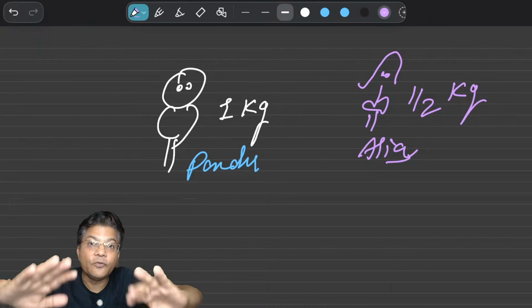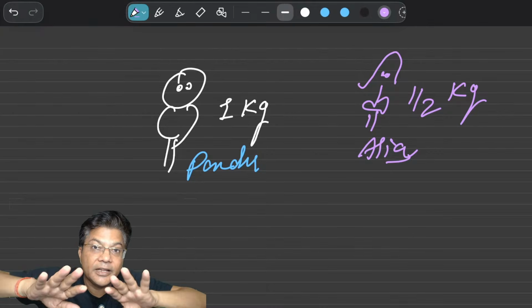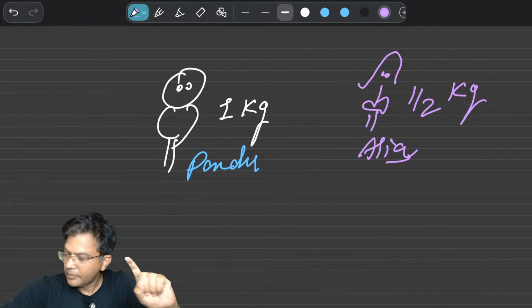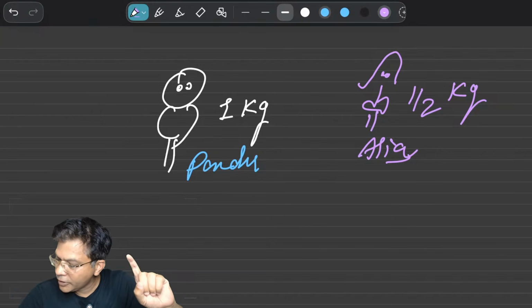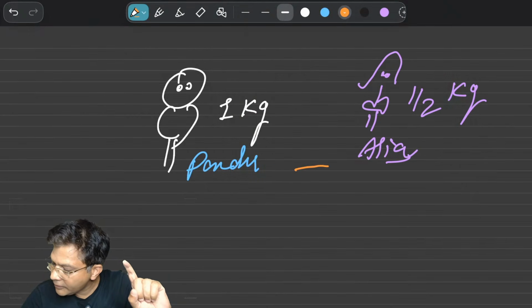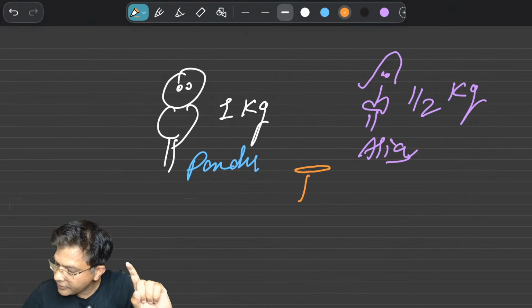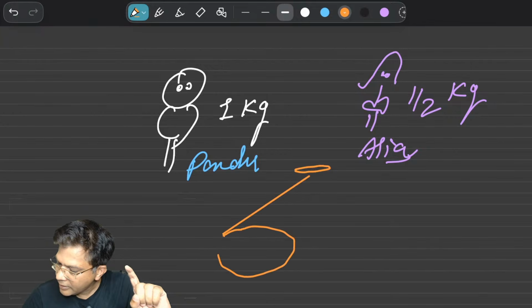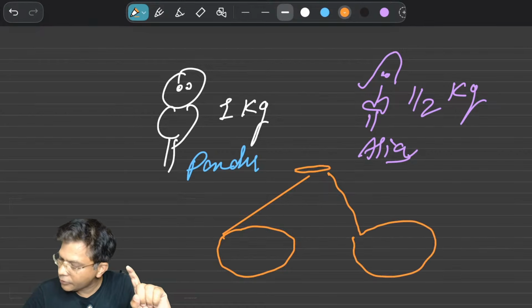Now, if I want to make their weight equal, if I put a weight balance, on one side I allow Pandu to sit and on the other side I allow Alia to sit, then what will happen?